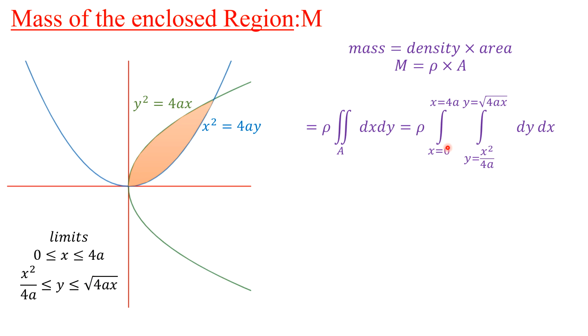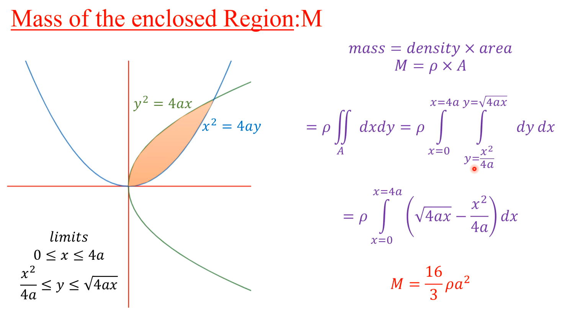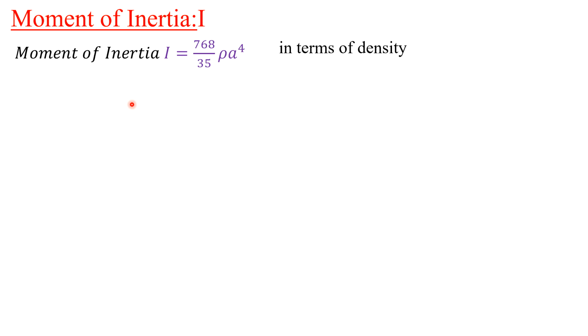So when you solve this with these limits, we get area of that region, which is 16 by 3 a square, that is the area of this shaded region, and therefore mass of the shaded region will be density into area, which is 16 by 3 rho a square. So now we got mass in terms of density. So moment of inertia in terms of density is this 768 upon 35 rho a raised to 4.